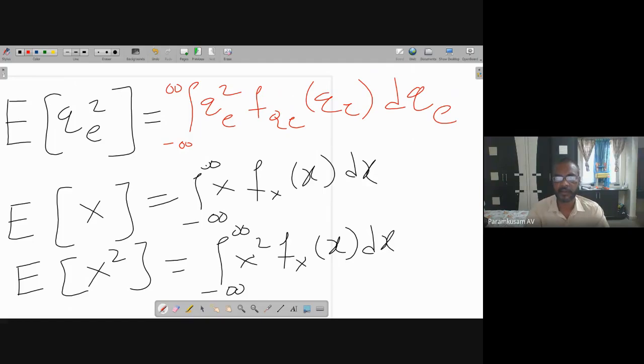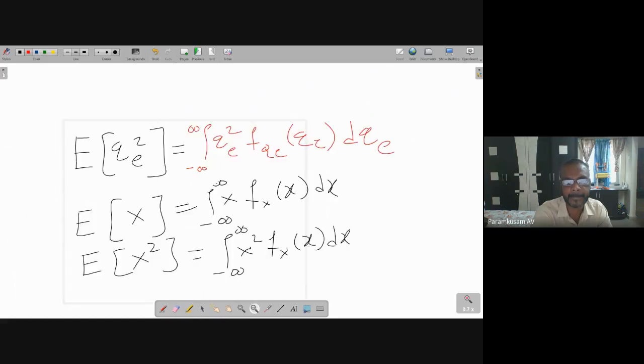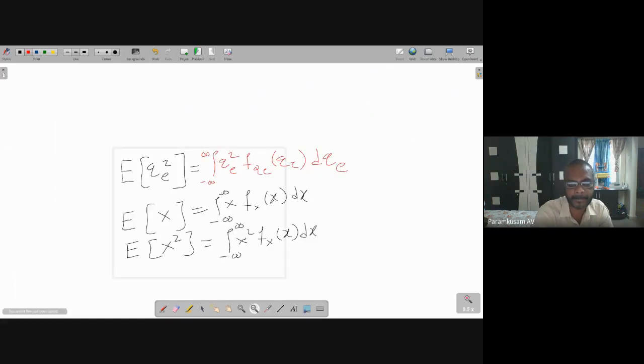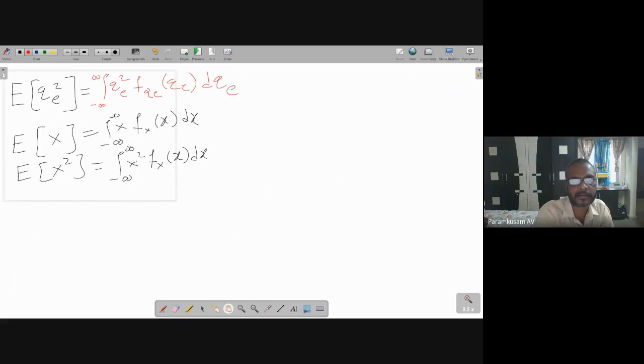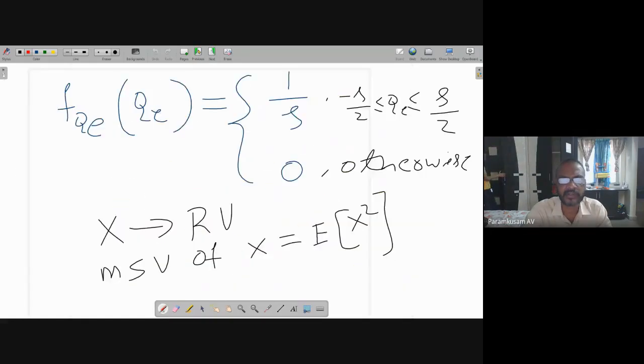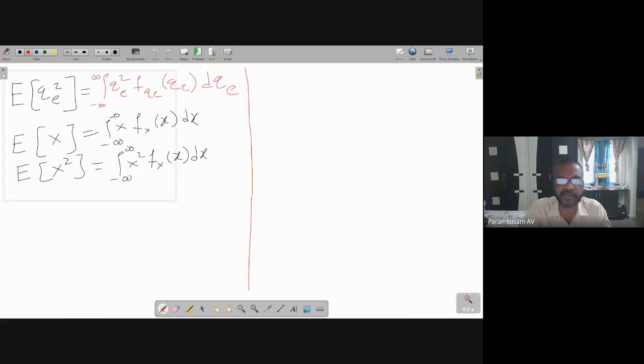Now what is f_QE(QE)? From the equation, f_QE(QE) is equal to 1 by S between minus S by 2 and plus S by 2, otherwise it is 0. So what will the integration limits be?